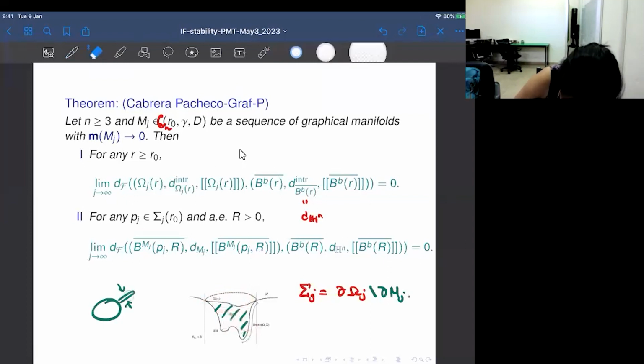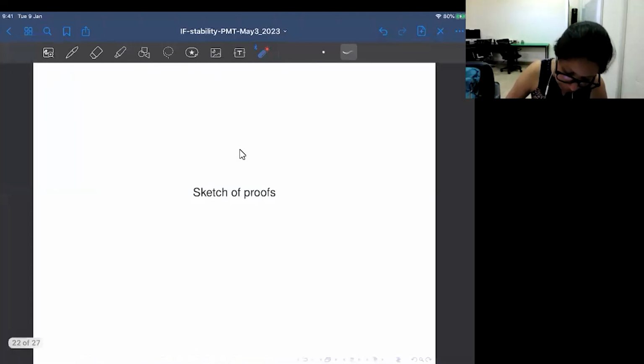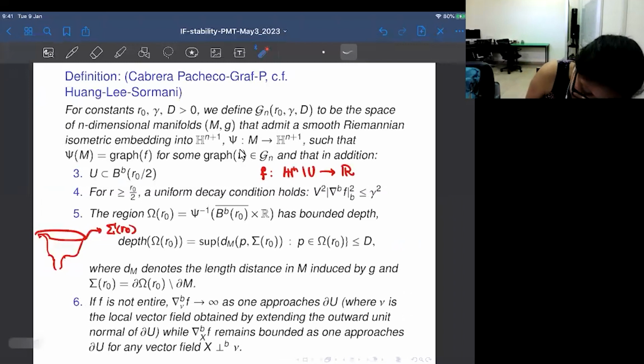Maybe this is not the right picture, but this region could be thinner and thinner, and in the limit, it disappears. So actually, I have to take a point here because points here do not disappear. And they do not disappear because we have this exterior condition.